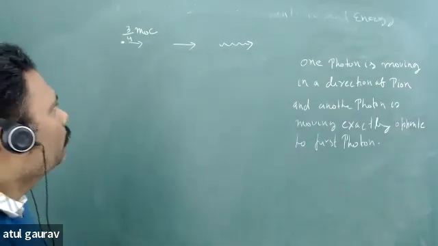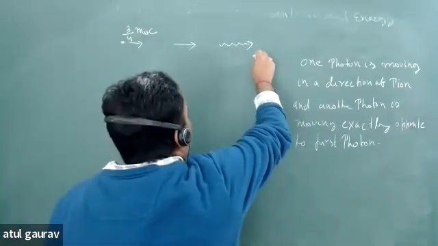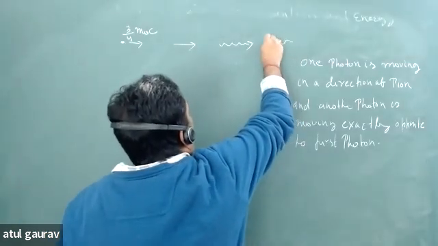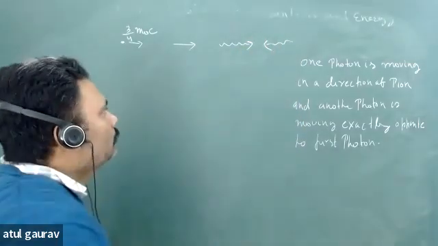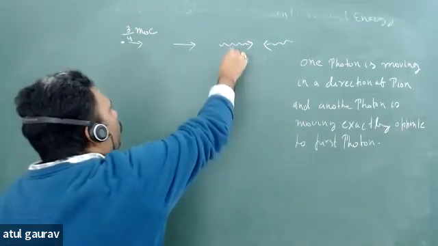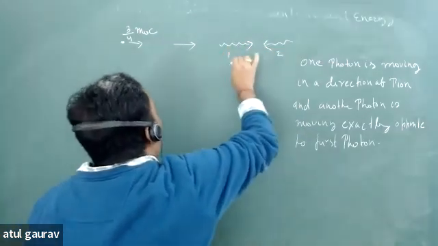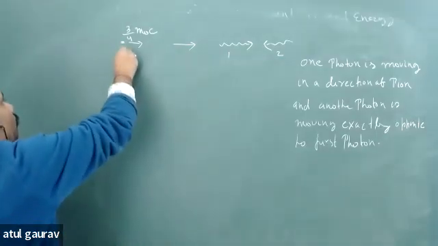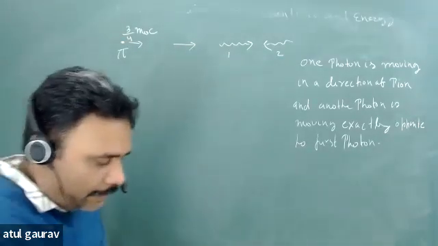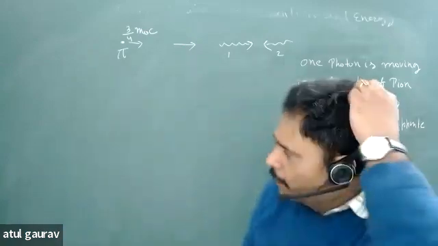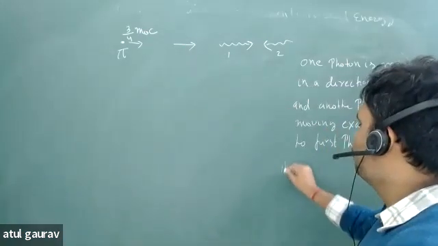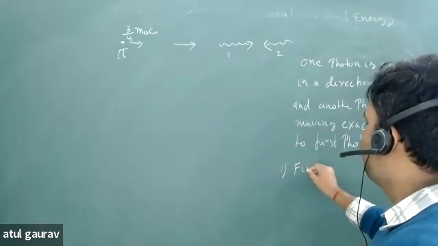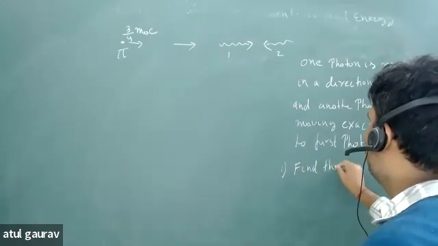So what is my question? One is just like this and another is exactly in this direction. So this is the condition. This is my first photon, this is my second photon, and this is the pion, and this pion is moving towards the right. Now, what is the question?